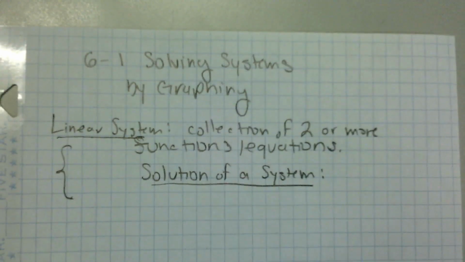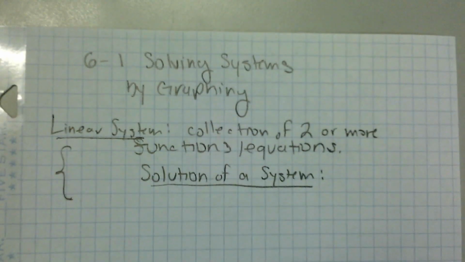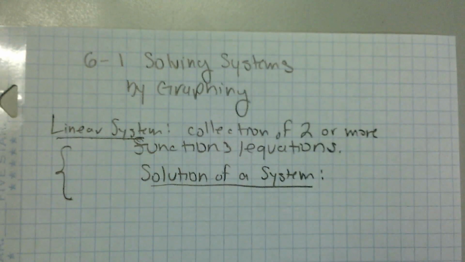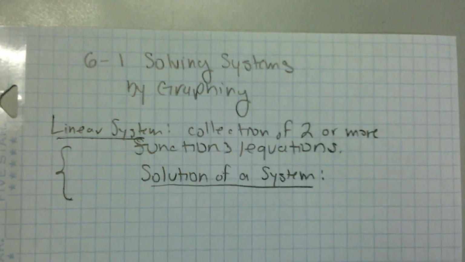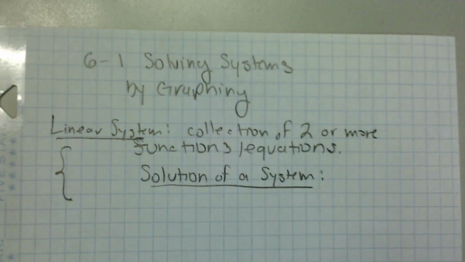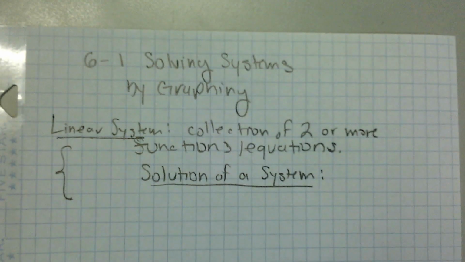What does it mean to solve an equation, like chapter 2, or even last chapter, solving inequalities? What were we finding? Yeah, we were trying to find a value that makes the equation or the inequality true.